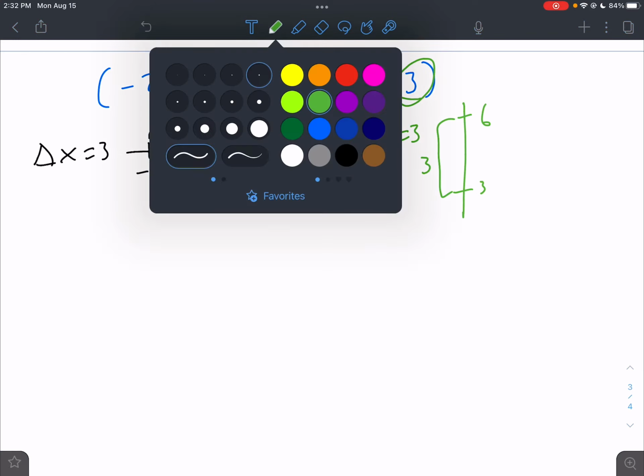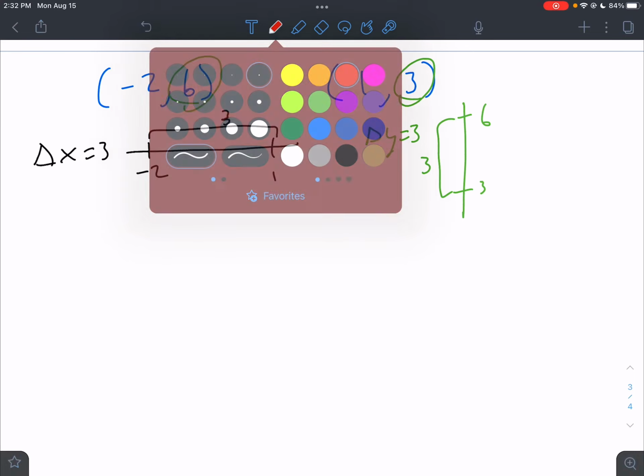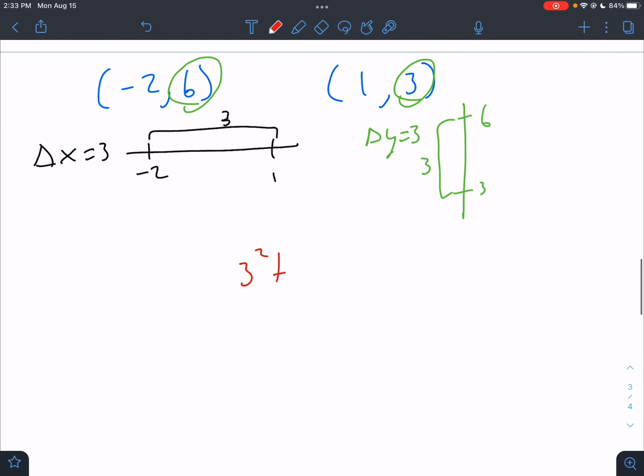So for this particular problem, we know that 3 squared plus 3 squared has to equal the distance squared. That's 9 plus 9 has to equal the distance squared, so 18 equals the distance squared. What do we do to undo that square?